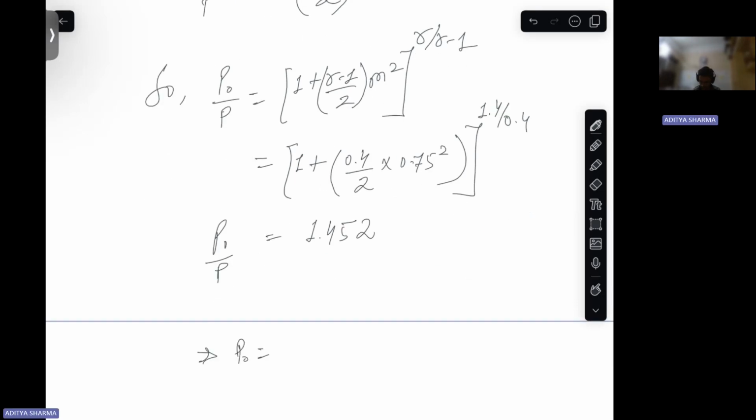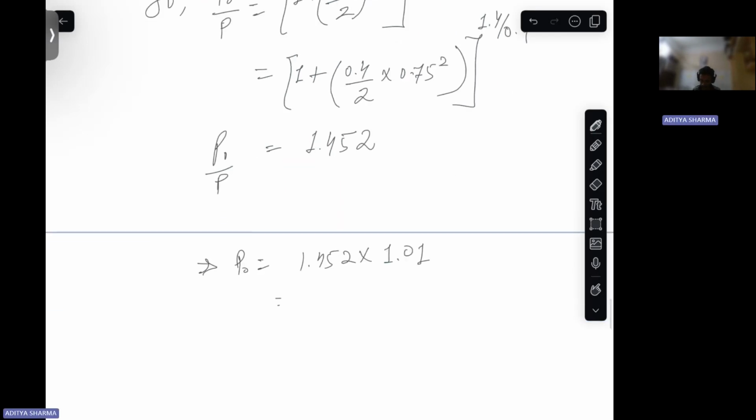Implies P naught is 1.452 times 1.01. So this will come out to be 1.46.